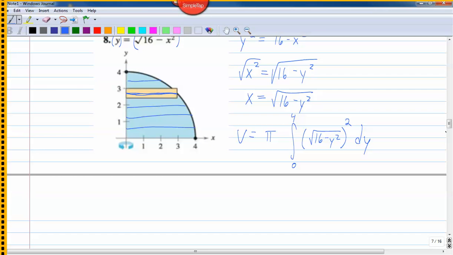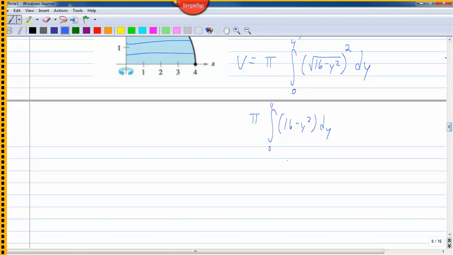Alright, so square that. So I have pi times the integral from 0 to 4 of 16 minus y squared dy. Right, when I square that, you get rid of the radical. So it's going to be 16y minus y cubed over 3. I'm going to take that, pi times that, evaluated from 0 to 4.